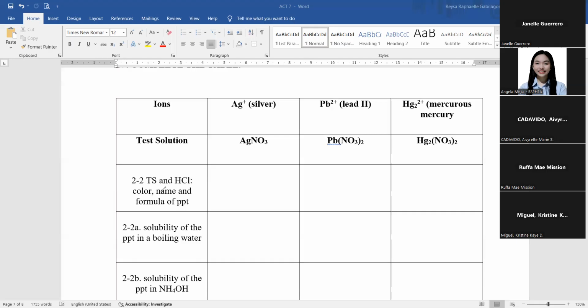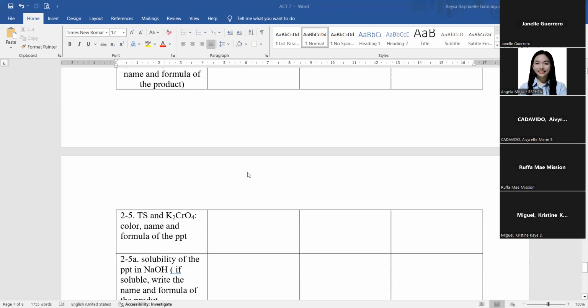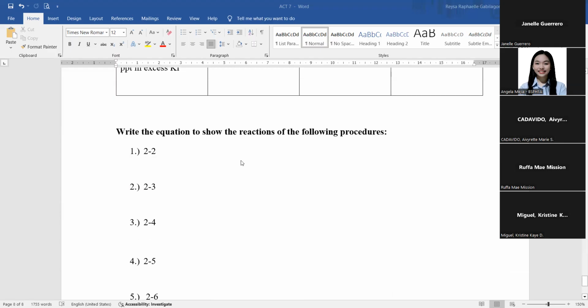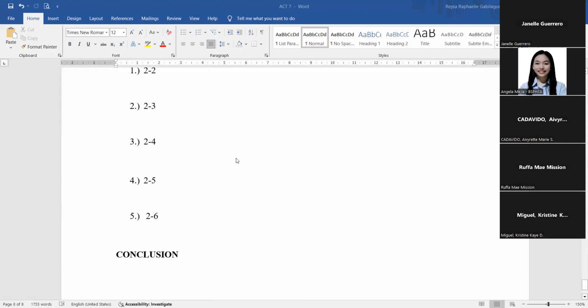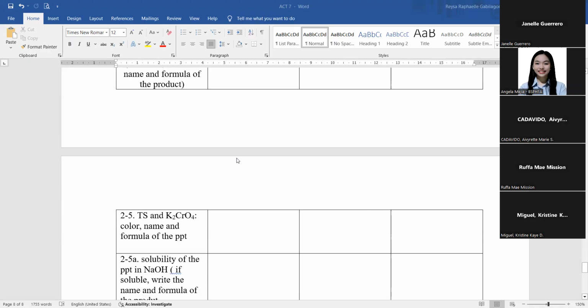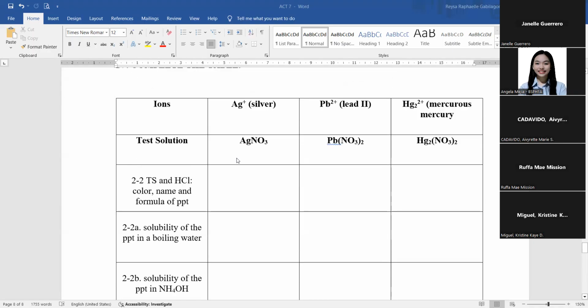You have to write here the color, the name, and the formula of the precipitate. But before that, let us first write the equation. Actually, the equation is written below. I'll write everything on top so we don't have to scroll up and down the screen. Write the equation in your paper below.